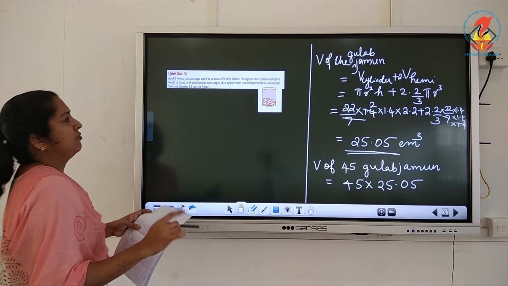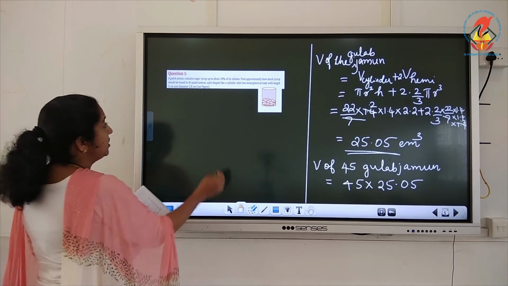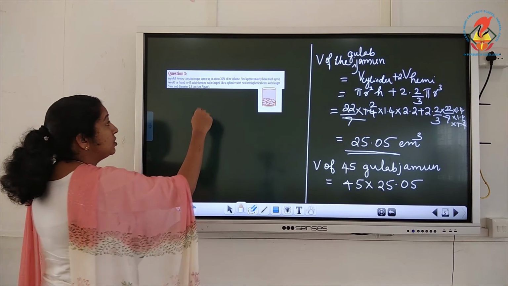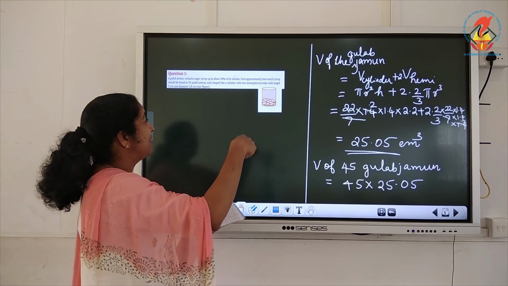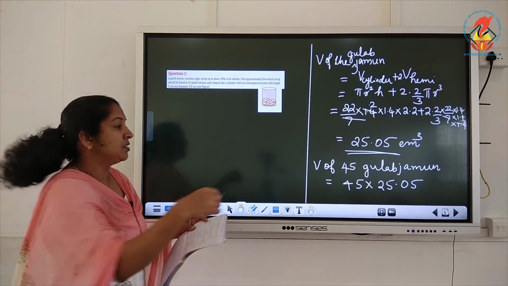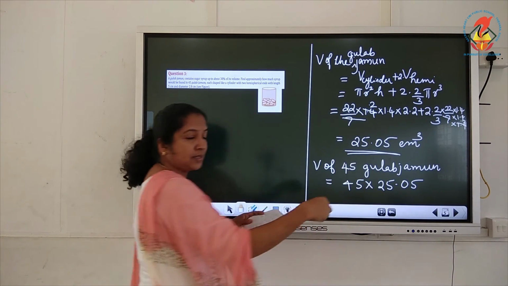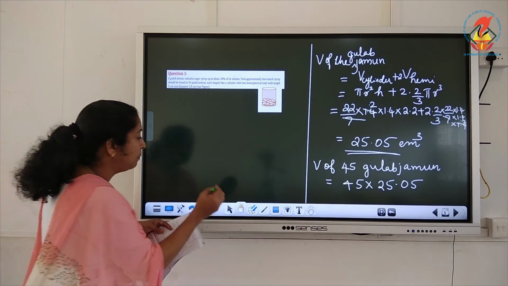We need the final answer only. So, what is given is the sugar syrup is about 30% of its volume. This is actually the total volume of this. So what we need is 30% of this.